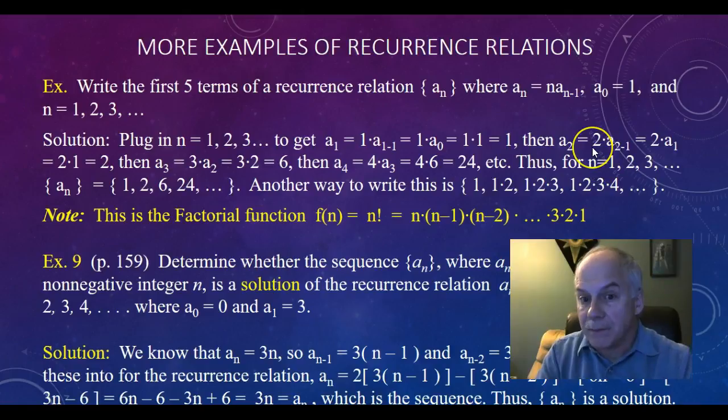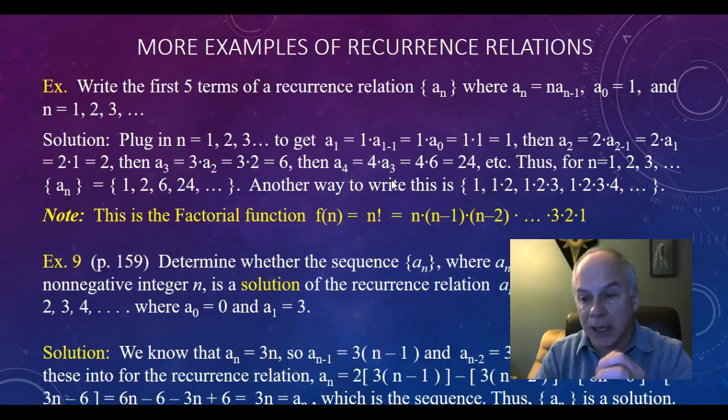Then the next term, we plug in n, which is 2, times a sub 1, because 2 minus 1 is 1. And a sub 1 was 1, so it's basically 2 times 1, or 2. The next term is 3 times a sub 2, which is 3 times 2, or 6.